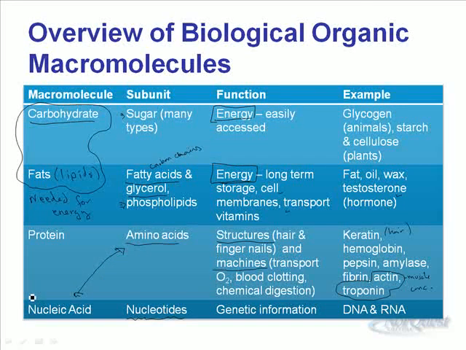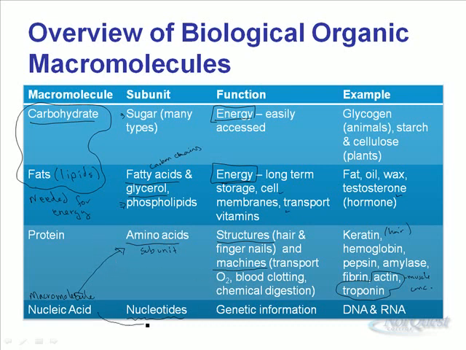Another way to think about this is nucleic acids are a macromolecule. The amino acids are a subunit. And you want to get those two things sorted out, otherwise you'll end up saying nucleic acid when you mean to say amino acid. And I'll probably do the same thing on occasion, but we really want to get those two separated and have a clear idea as to what their differences are.